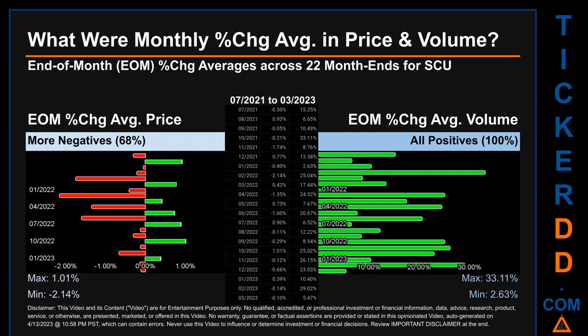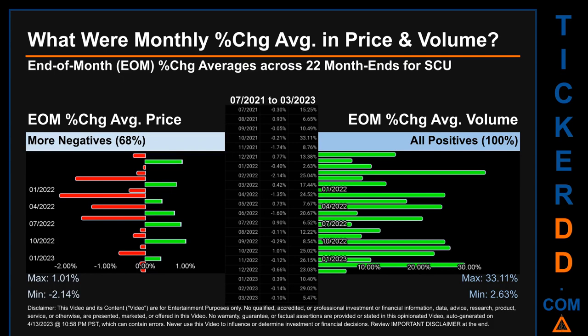From 07/2021 to 03/2023, out of 22 month ends, 15 had a negative percentage change in average price, meaning 68% of month ends saw a negative percentage change in average price. In terms of volume, 22 out of 22 month ends had a positive percentage change.